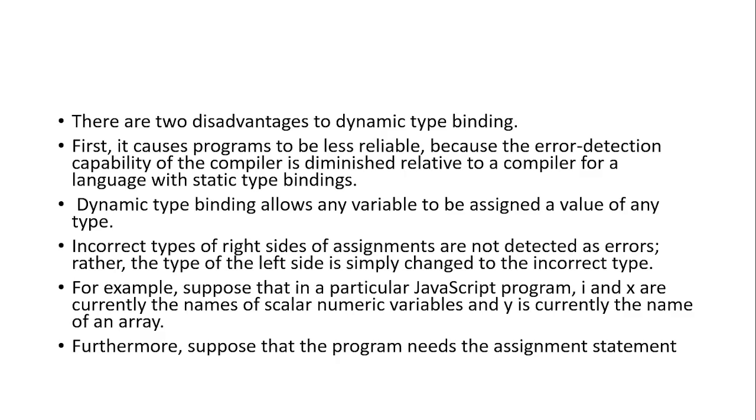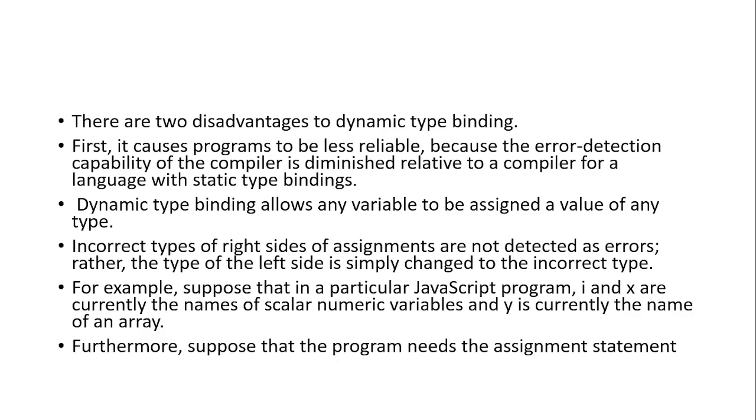There are basically two disadvantages to dynamic type binding. The first is that it causes programs to be less reliable, because the error detection capability of the compiler is diminished relative to a compiler for a language with static type bindings.